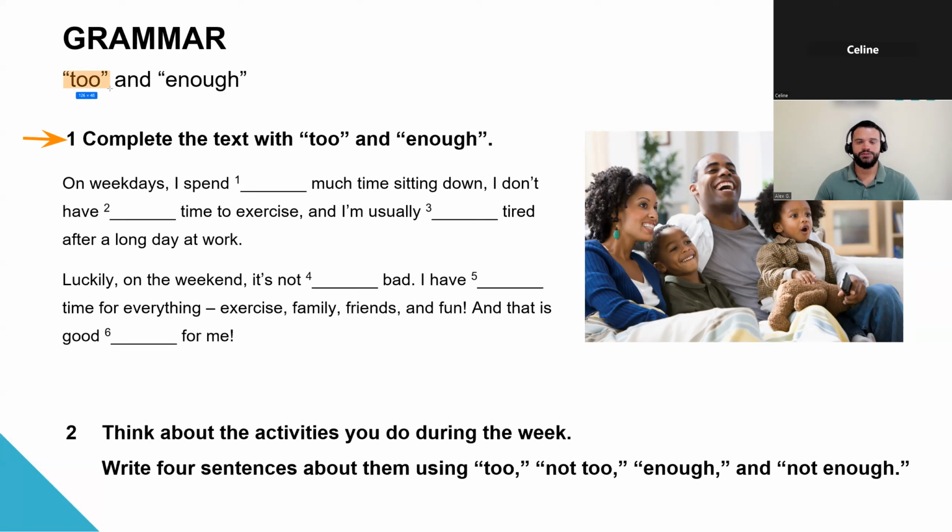Celine, when we say too, it's when something is exaggerated, something is overabundant, right? And then when we say enough, enough is perfect. Enough is the right amount, okay? So let's see if we can complete, maybe here we can put a little sign.